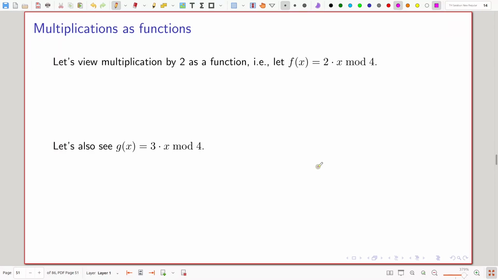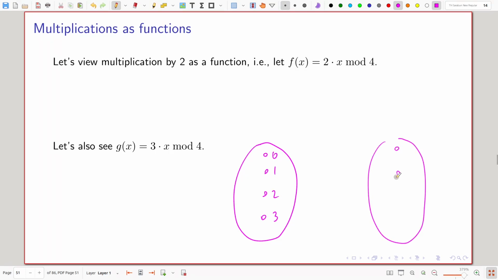Now let's take a look at this. If I multiply with 3, mod 4, let's keep mod 4. So 0, 1, 2, 3.